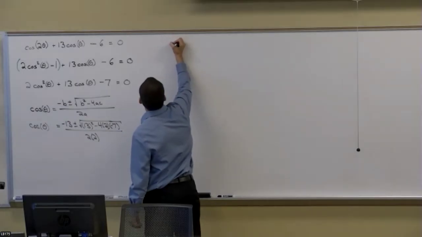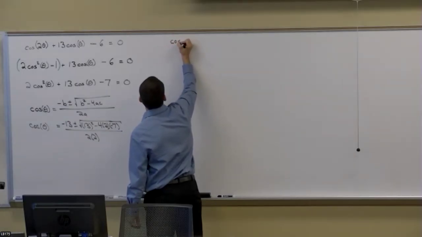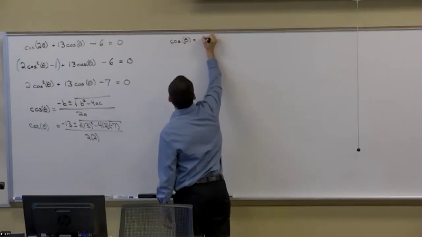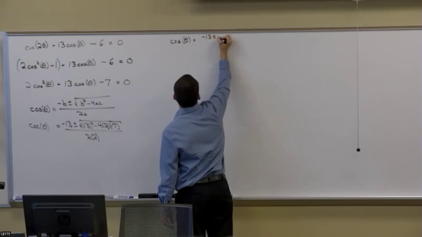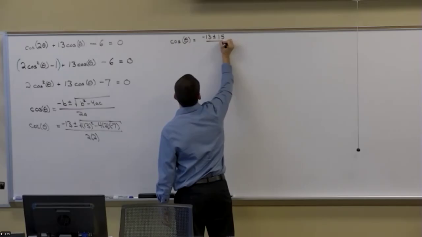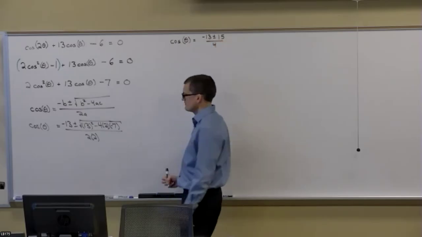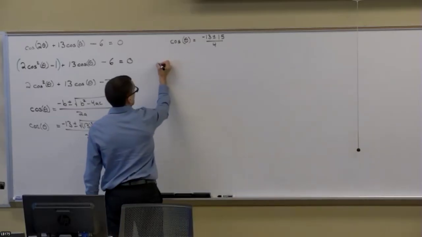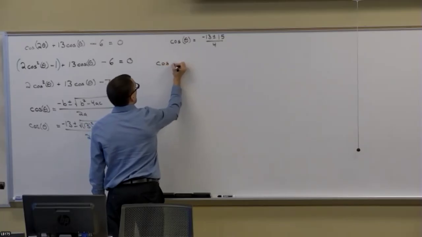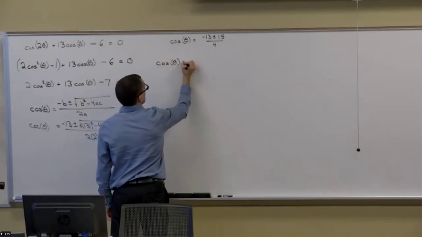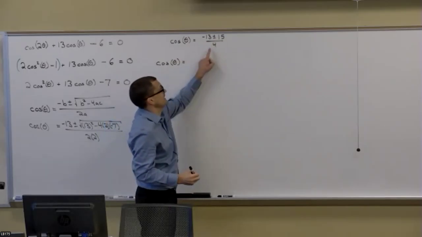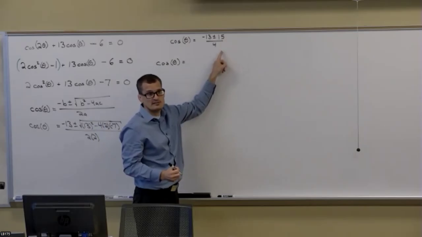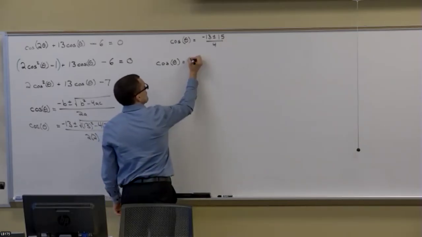So that tells me that cosine of theta is -13 plus or minus 15, divided by 4. It gives me two equations. One says cosine of theta, we add 15 and then divide by 4. -13 plus 15 is 2, divided by 4 is 1/2.